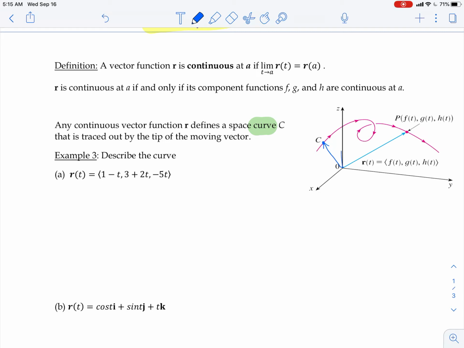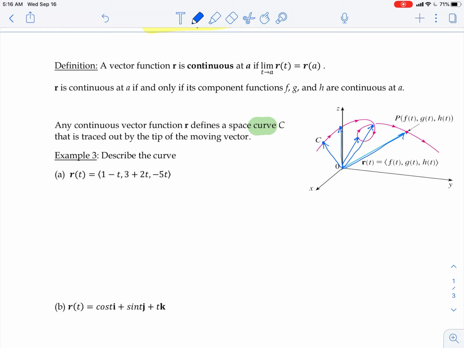We have vectors coming off the origin, and they're creating this curve. It's just shooting out a bunch of vectors that create this curve through space, just for our example to the right.